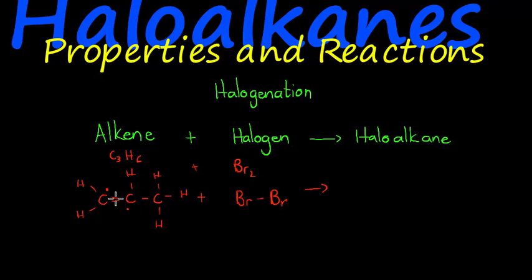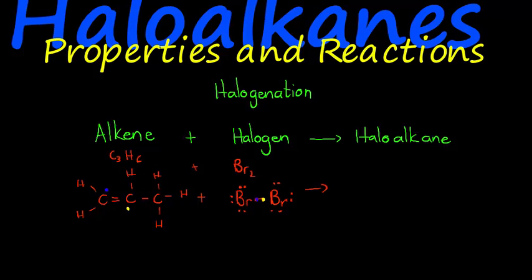One bromine has 7 valence electrons, and the other one has 7 valence electrons, and since they are sharing these two, instead of sharing with one another, this one is going to share his valence electron with this carbon, and the other one is going to share his valence electron with that carbon.